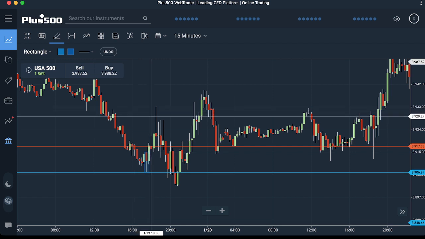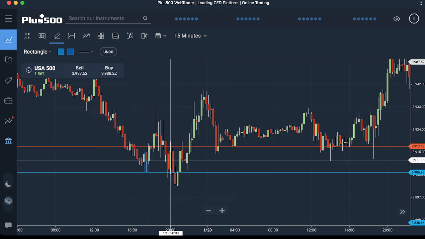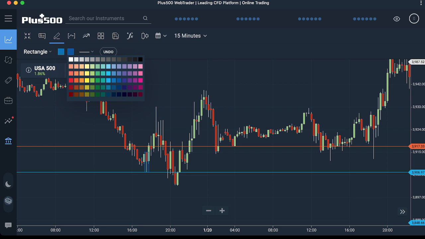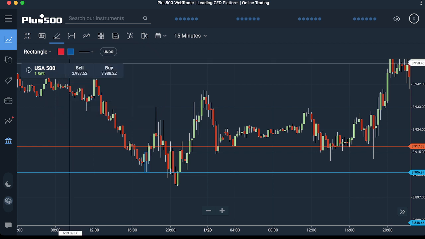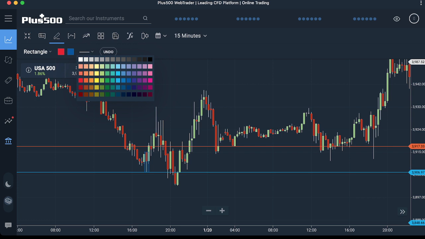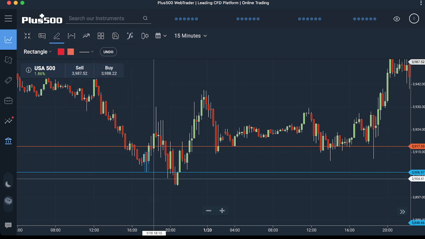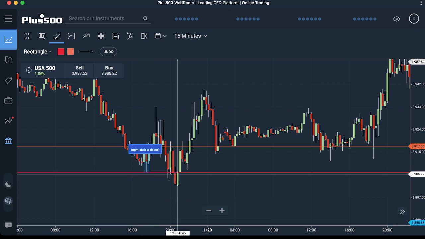So the stop loss here is going to be 15 pips to 20 pips below the point of interest.